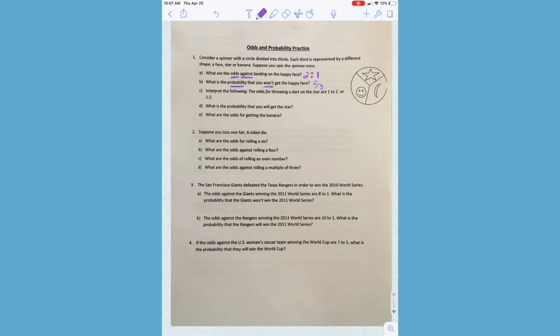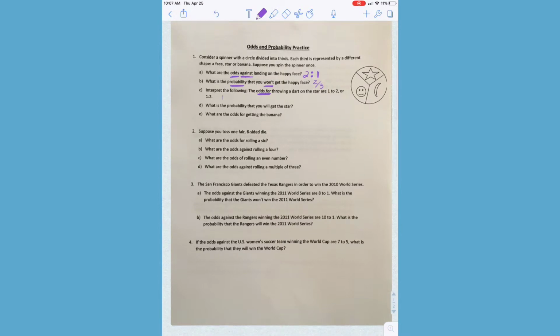On part C, I ask you to interpret the following: the odds for throwing a dart on the star are 1 to 2. The odds for means there is a chance that I will land on the star. So there is 1 chance that the dart will land on the star, and there are 2 chances that the dart will land on something other than the star.